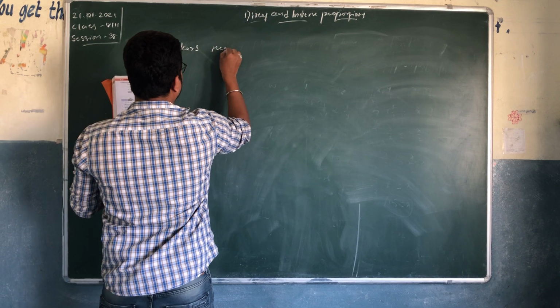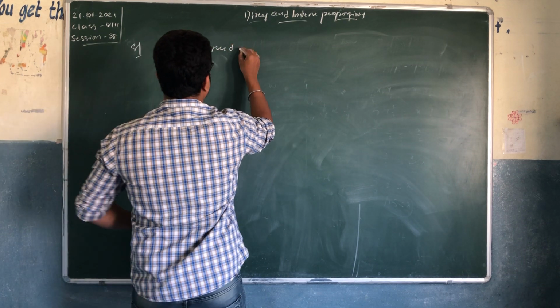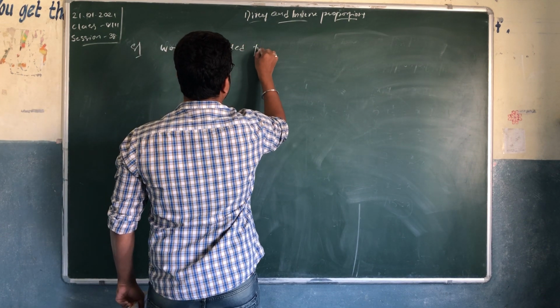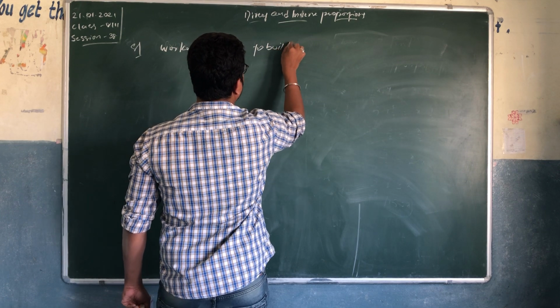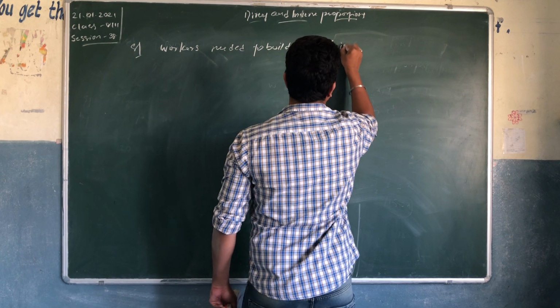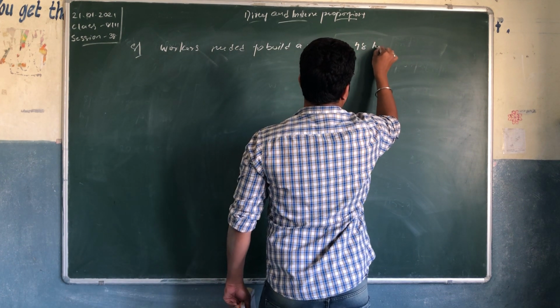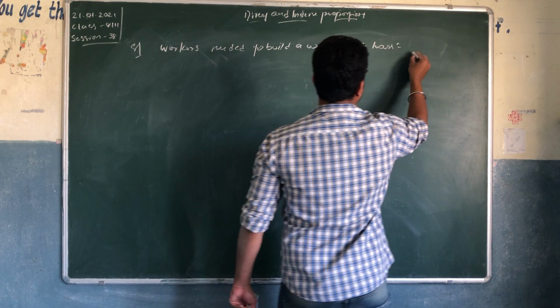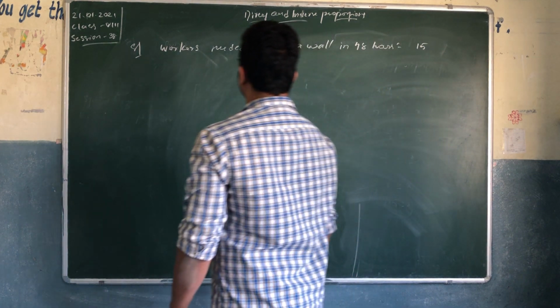Workers needed to build a wall in 48 hours is equal to 15, right?